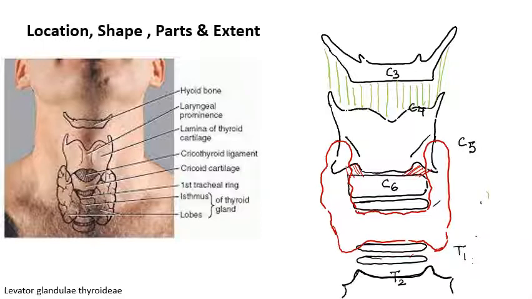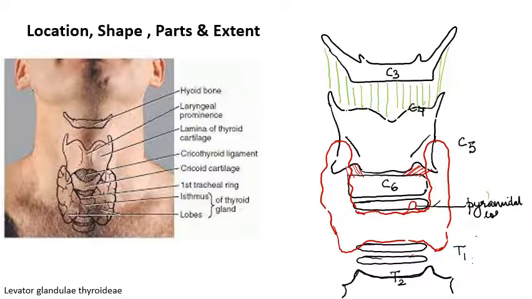Now, sometimes on the left side, more commonly on the left side, there may be a pyramidal lobe which may be present. So this here would be the pyramidal lobe of the thyroid gland, in some individuals, not all.